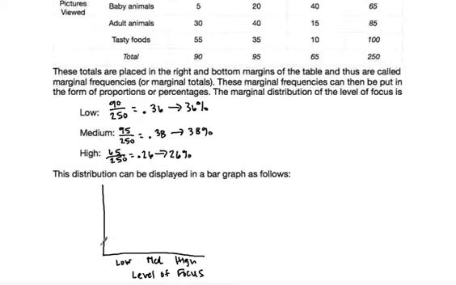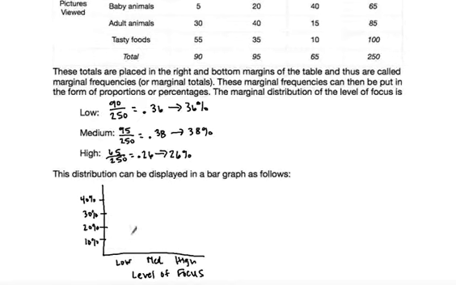And then the y-axis would be our percentages. So we would maybe do 10%, 20%, 30%, and then 40%.